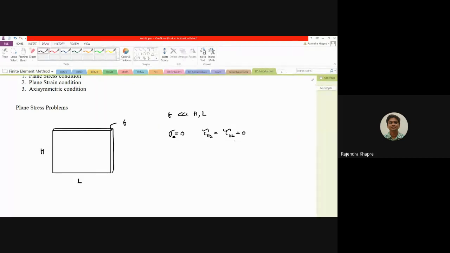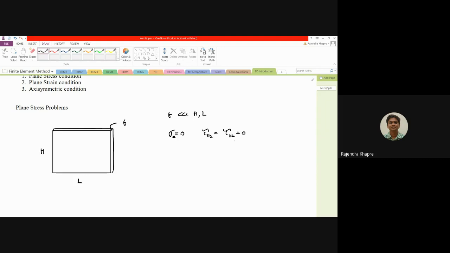Okay, so now for the derivation of the stress strain matrix for a plane stress condition, what we have to do is first refer to some basics from the theory of elasticity and strength of material.